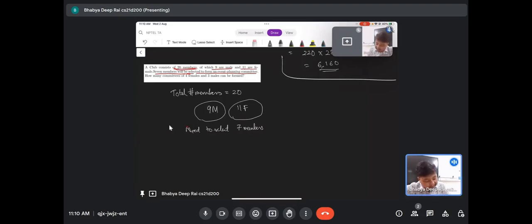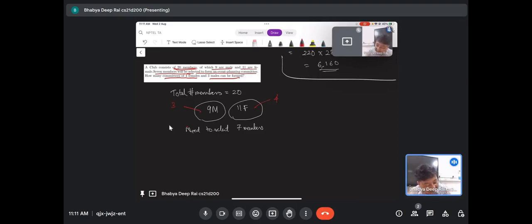But what does the question say? The question says, how many committees of 4 females and 3 males? I want to specifically pick 4 from the 11 females, and 3 from the 9 males. Okay, in how many ways can I do that?